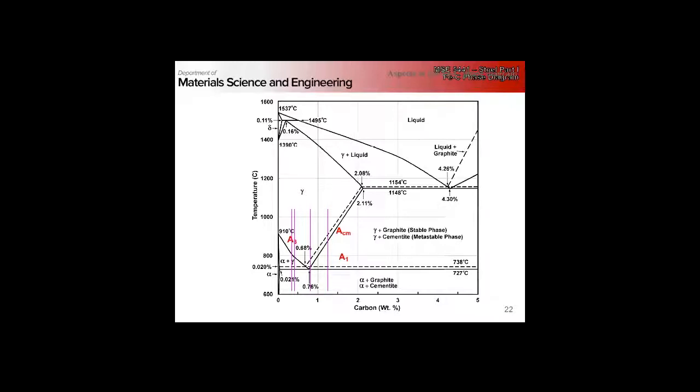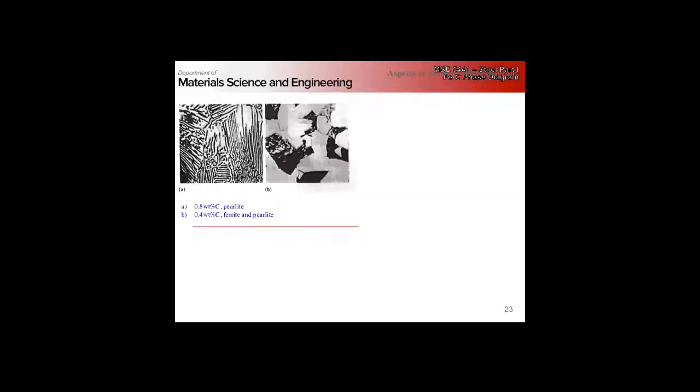So now we've got austenite and cementite, right? So we're going to nucleate cementite, and then we're going to come here, right? So now we're going to have what kind of structure? Cementite and perlite, right?